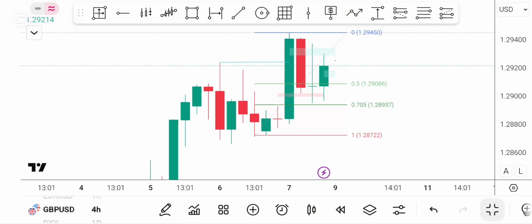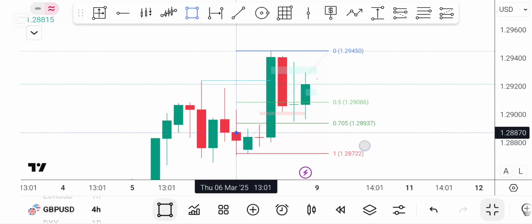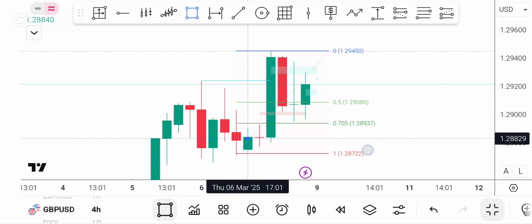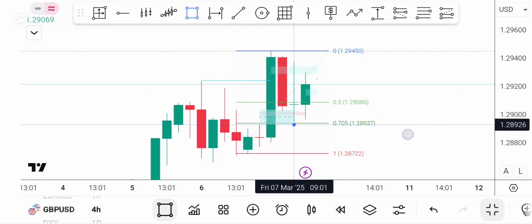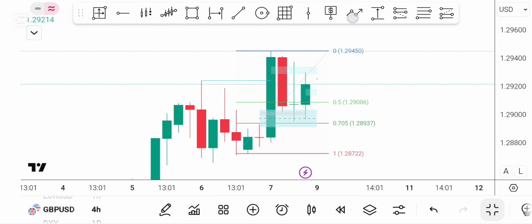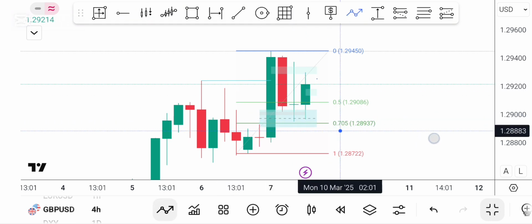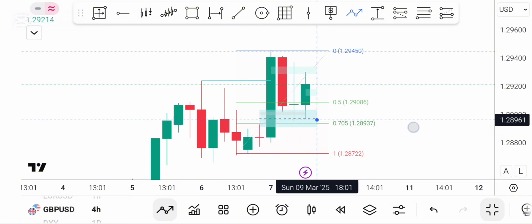Now look at this. We also have these two down close candles here, which is also a 4 hour bullish order block, and we also have right here a 4 hour fair value gap, which corresponds with the 70.5 Fibonacci level. This is where we could be looking at buy opportunities.